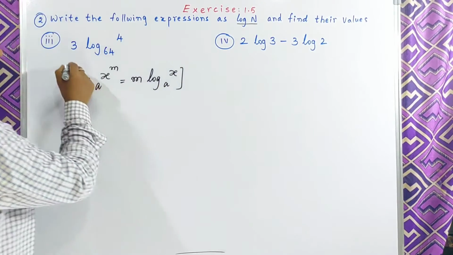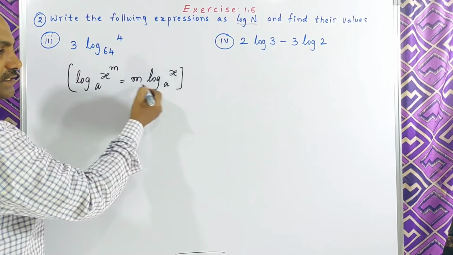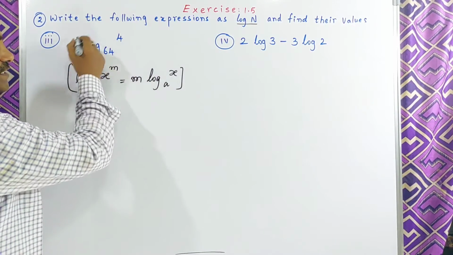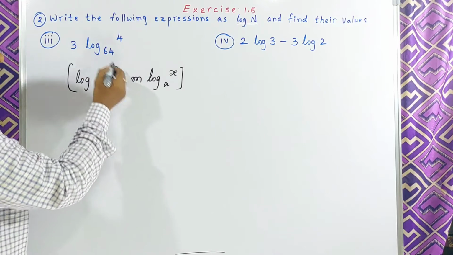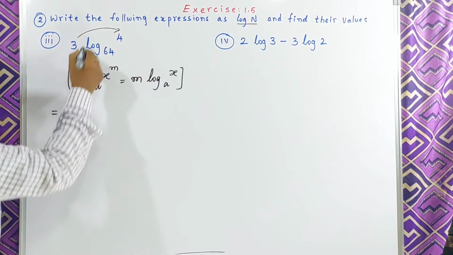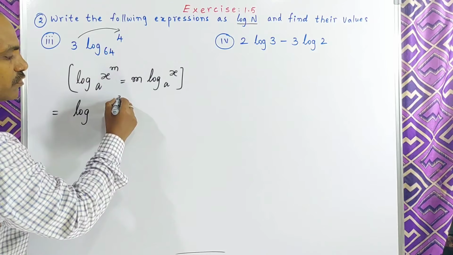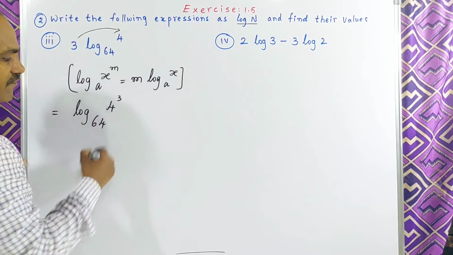It is in the form of this one. He has given this expanded form. You should write this exponent here like this. So the answer is log 4 cube to the base 64.